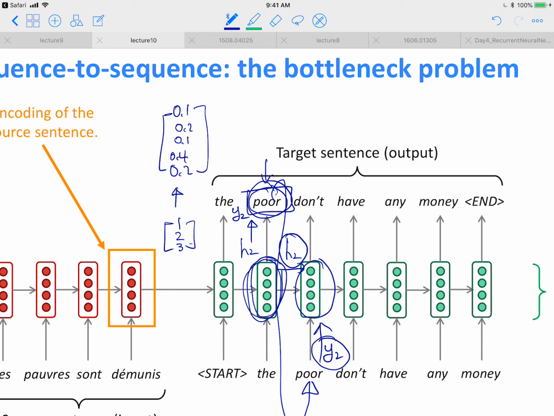So suppose our vocabulary was having the length of 5, or 5 different unique words.